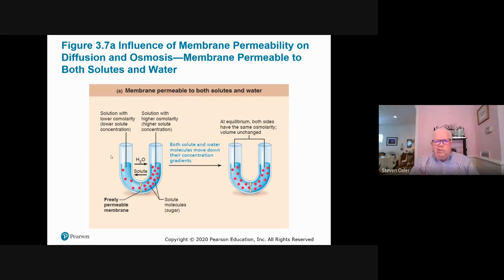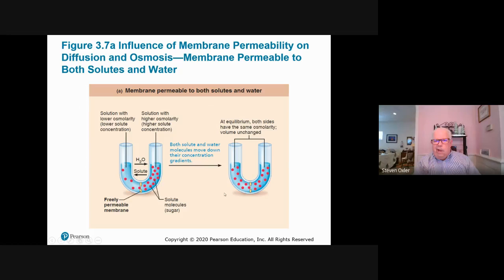This kind of shows you the equilibration of molecules and water. Eventually, if this is the membrane and there's a lot more solute, which are molecules, on this side than there is on this side, eventually it will equilibrate.